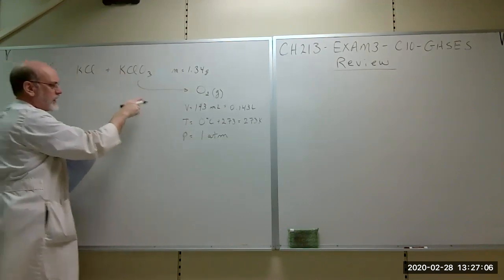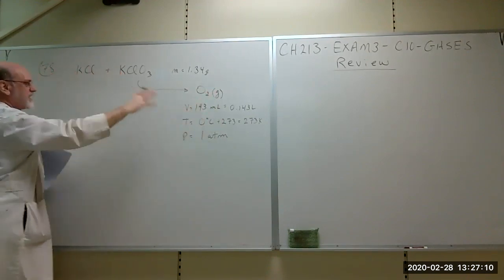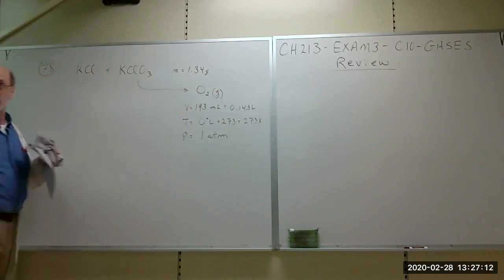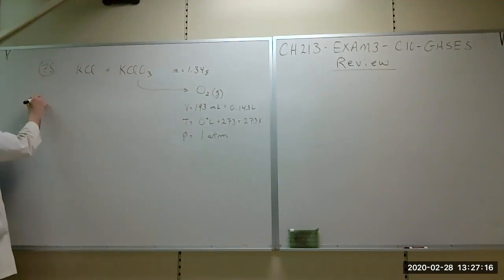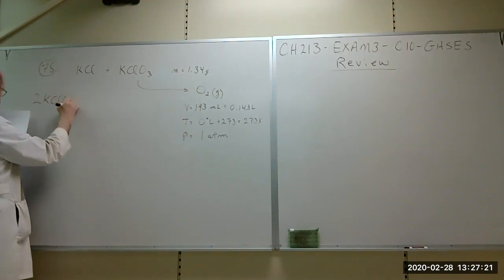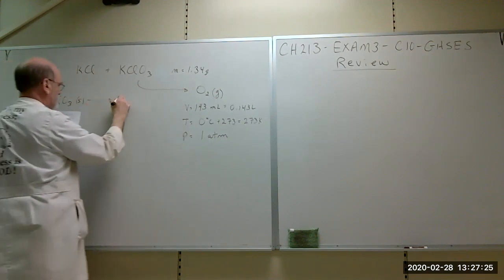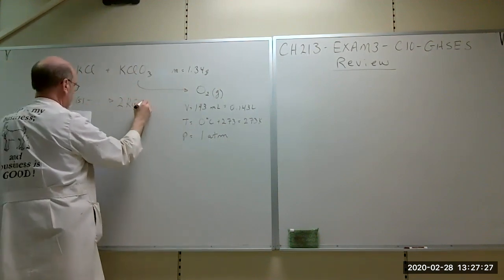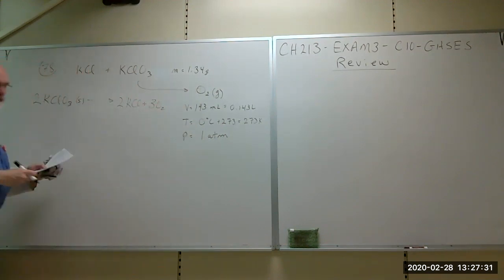So whatever moles of this will tell us how many moles of that. And the reaction that we're talking about here is 2 KClO3 solid yields 2 KCl plus 3 O2. Okay.